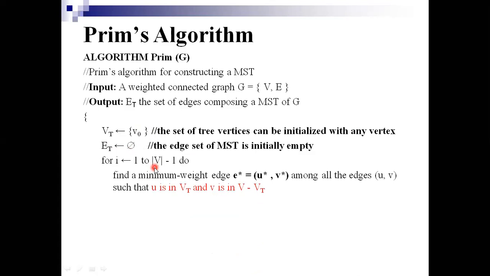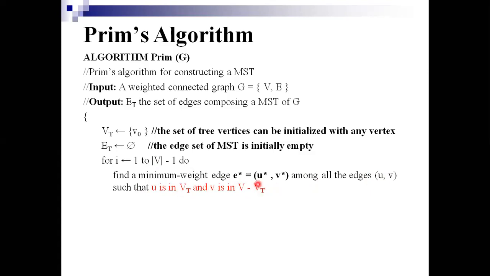I'll have to find a minimum weight edge, which we define as E star equal to U star comma V star, among all the edges U comma V. So I should find all the edges U comma V such that U is in VT and V is in V minus VT. What is this VT? VT means spanning tree vertices, and V minus VT means the vertices which are not in the spanning tree.